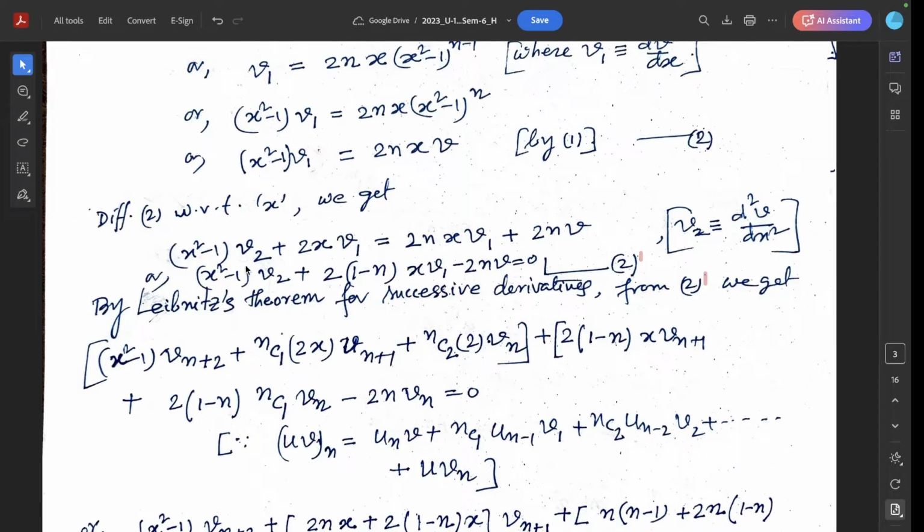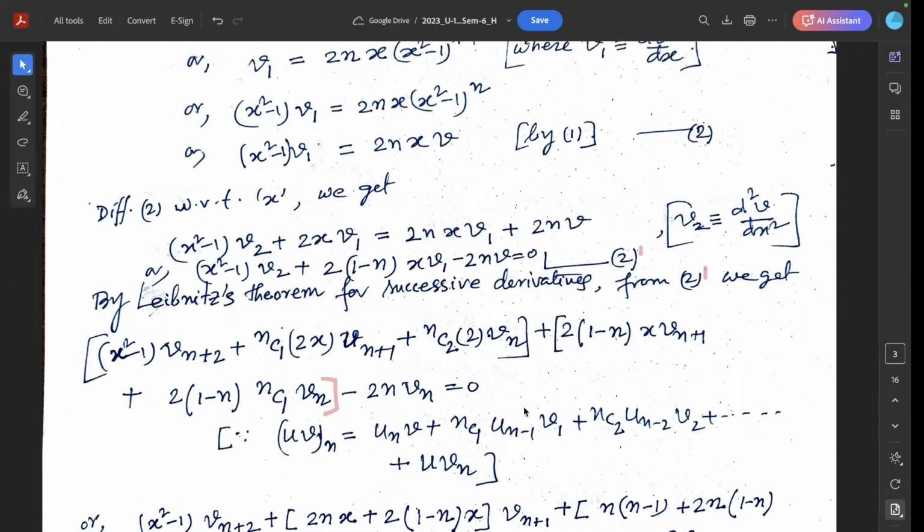So the first term is (x squared minus 1) into v_(n plus 2), the (n plus 2)th derivative, nC1 times the first derivative, twice x v_(n plus 1), nC2 into 2 v_n. So for this term we get this, and for the term 2 into (1 minus n) x v1, we get 2 into (1 minus n) x v_(n plus 1), 2 into (1 minus n) nC1 v_n, and the derivative of x is 1, so this, and ultimately the last term is minus twice n v_n equal to 0.